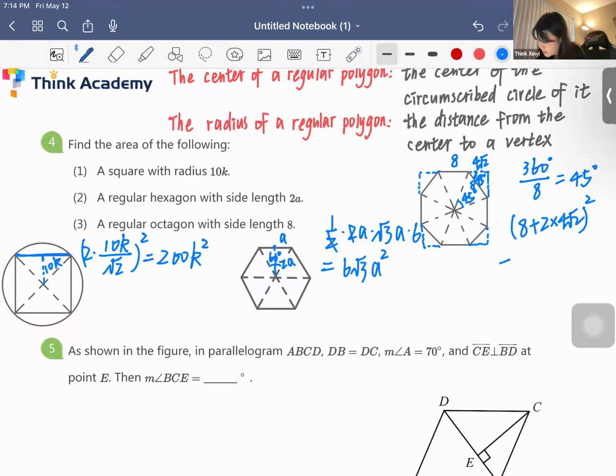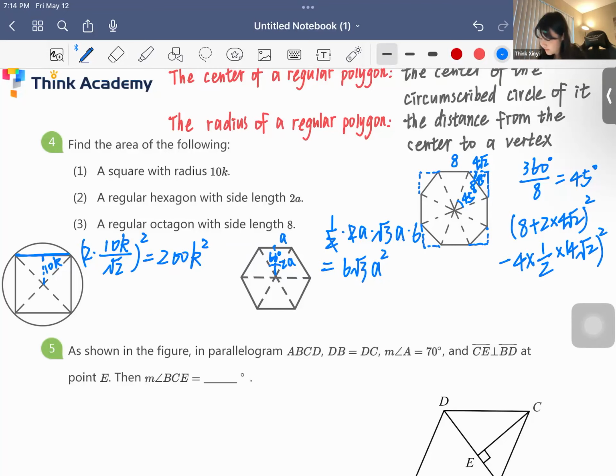And don't forget to minus the 4 triangles on the corner. So we use 4 times 1/2 times 4 root 2 squared, since we have 2 sides equal to 4 root 2.